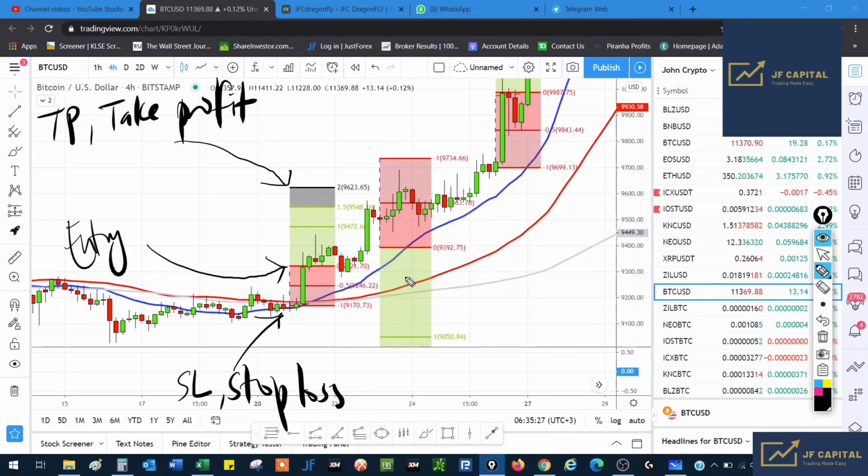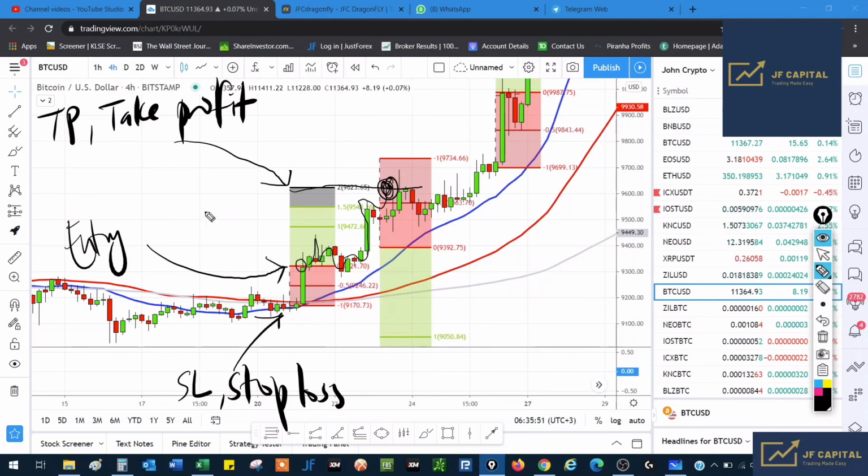Let's examine this Bitcoin US dollar. If I enter here, the price moves up, down, up, down. The position will just hold, and eventually the price reaches my TP, so it will realize my profit.